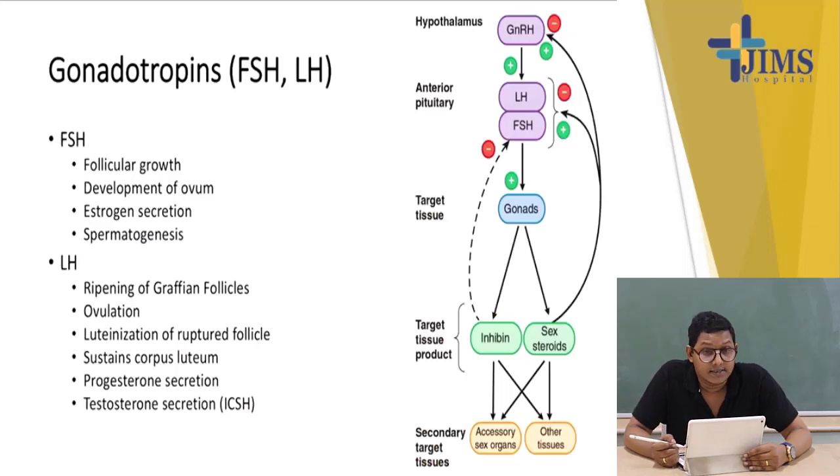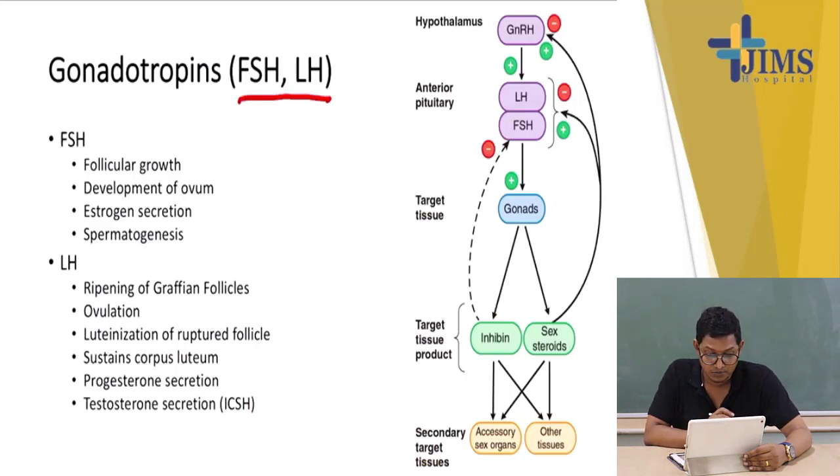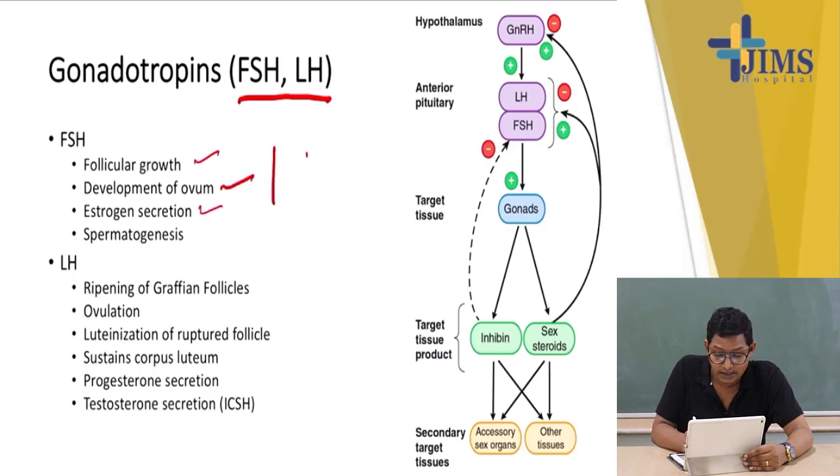So, next are the gonadotropins, that is the follicle stimulating hormone and the luteinizing hormone. Follicle stimulating hormone causes follicular growth, development of ovum and estrogen secretion in females, but in males it causes spermatogenesis.